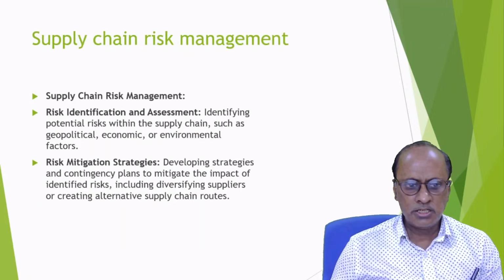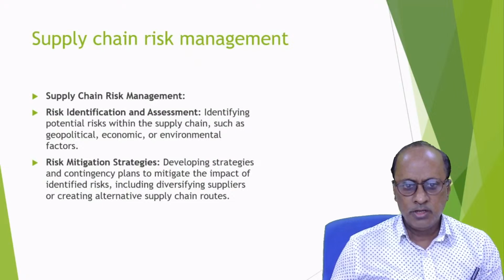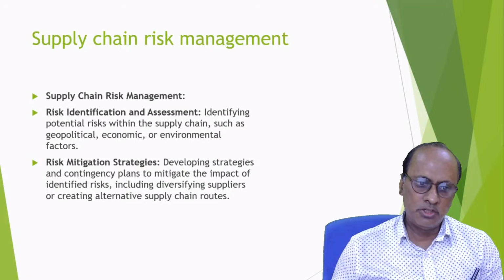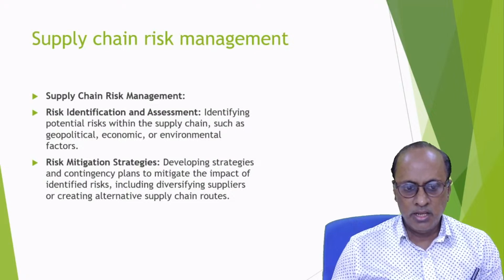Then supply chain risk management. It includes risk identification, identifying the potential risks within a supply chain. Risks may be of different types: geopolitical, economic risk, environmental factors. Then once you identify the risk, the next step is risk mitigation.